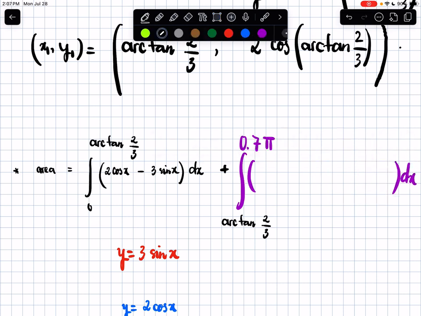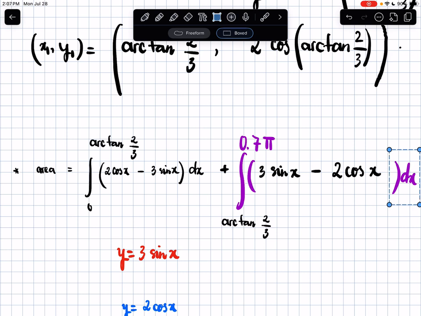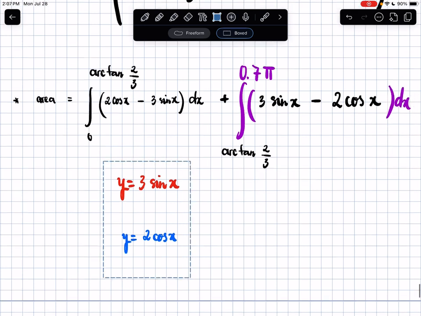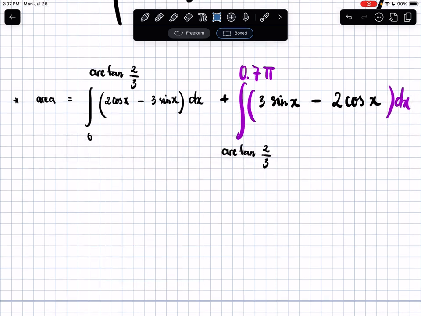The red curve is 3 sine of x minus 2 cosine of x, dx. After some computation, this should be about 4.3562.